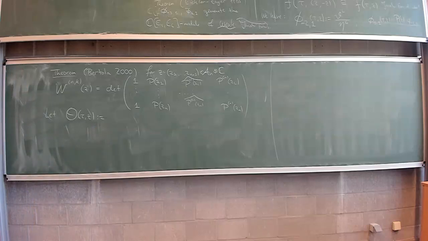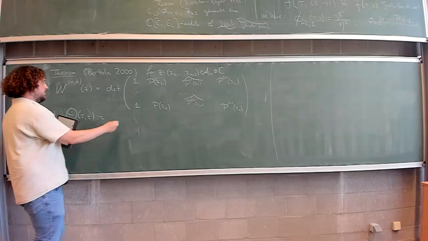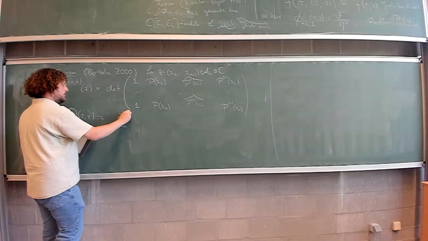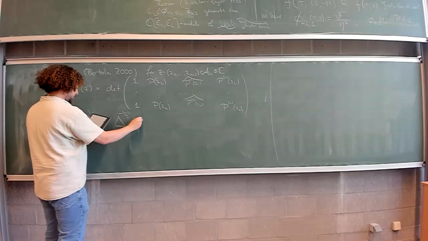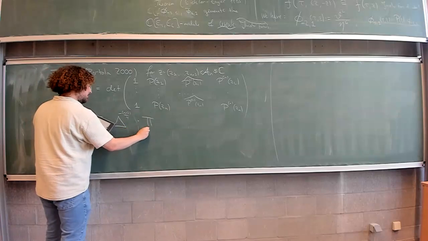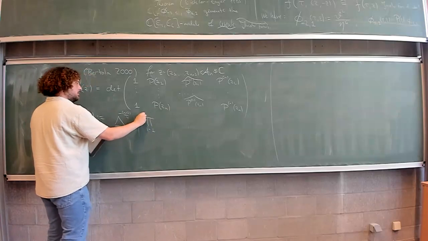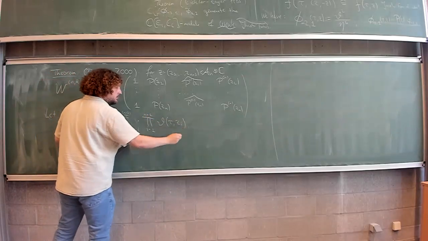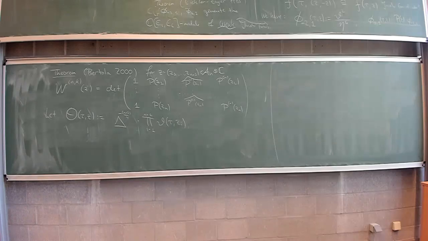With theta(tau, z), the theta block is going to be delta to the minus (n+1)/4 times the product of the Jacobi theta function evaluated at the n+1 entries.